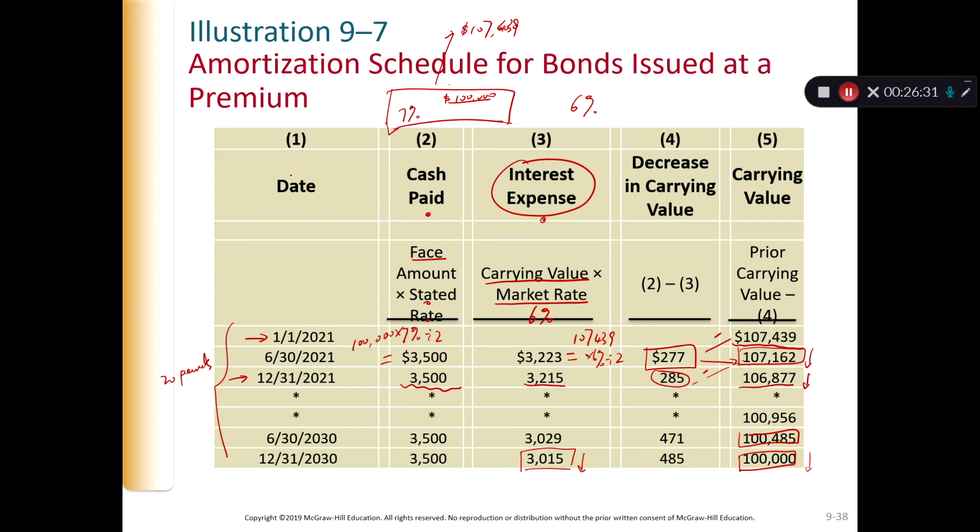In other words, when you issue your bond at a premium, your carrying value and interest are continually decreased. If you remember, in the discount example, your carrying value and your interest expense were continuously increasing, right? So that's a big difference between a bond issued at a premium versus issued at a discount.